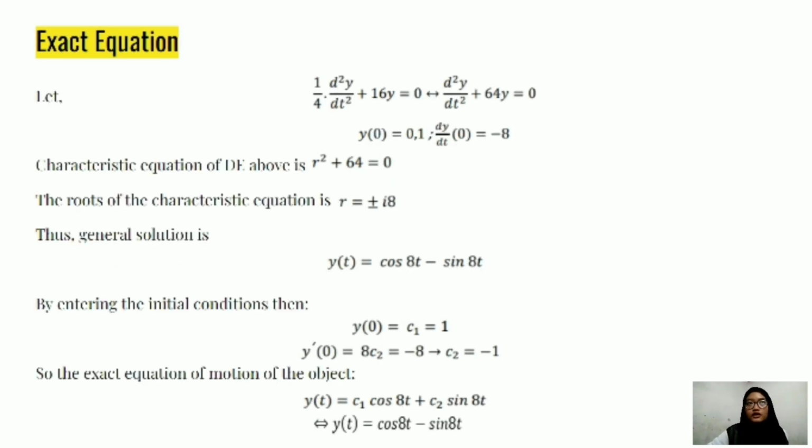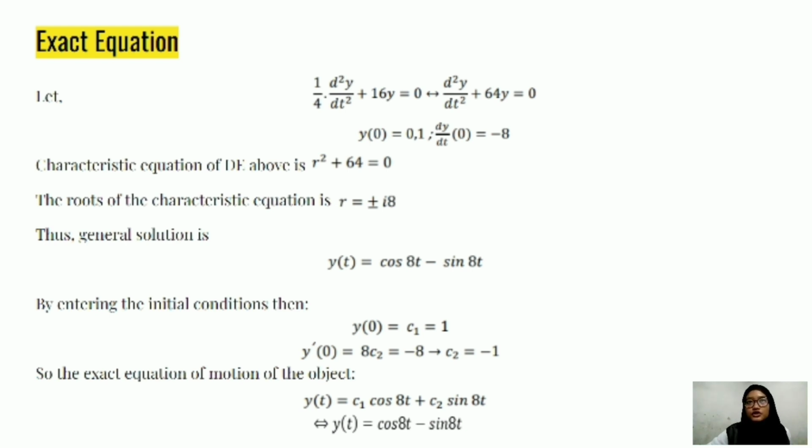Next, we will solve the problem using the exact equation. Let (1/4) d²y/dt² + 16y = 0. So d²y/dt² + 64y = 0. The characteristic equation of the differential equation above is r² + 64 = 0. The roots of the characteristic equation are r = ±8i.